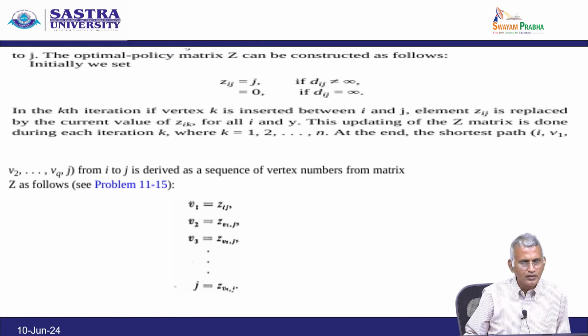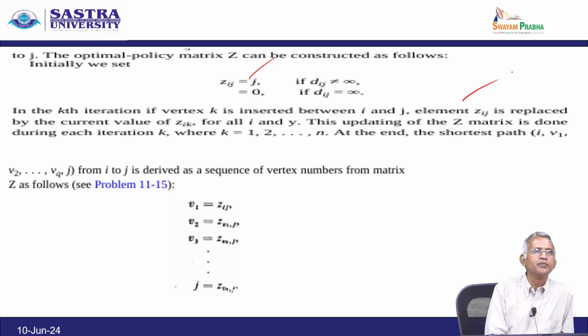The optimal policy matrix Z can be constructed as follows. Zij equal to j if Dij is not equal to infinity, and 0 if Dij equal to infinity. In the kth iteration, if vertex k is inserted between i and j, the element Zij is replaced by the current value of Zik for all i and j.